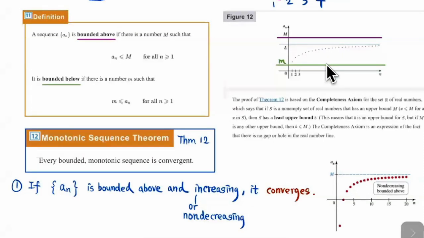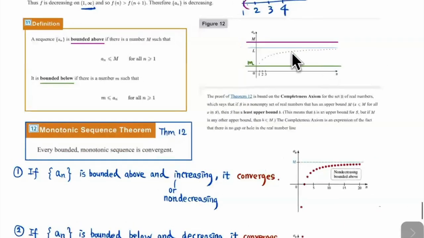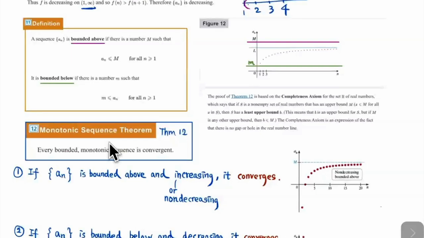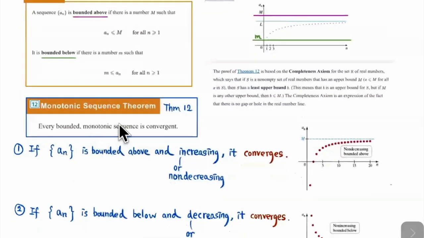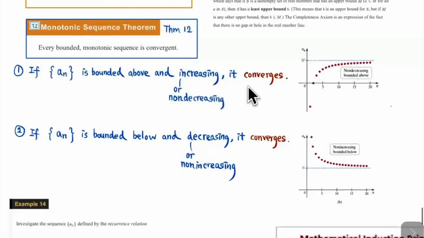Then this one here is called a monotonic sequence theorem. What does it say? It says every bounded monotonic sequence is convergent. Do you guys remember what's monotonic? Monotonic means either increasing or decreasing. Let's consider the two cases. If the sequence is bounded above and the sequence is increasing, think about this picture, then the sequence has to converge.